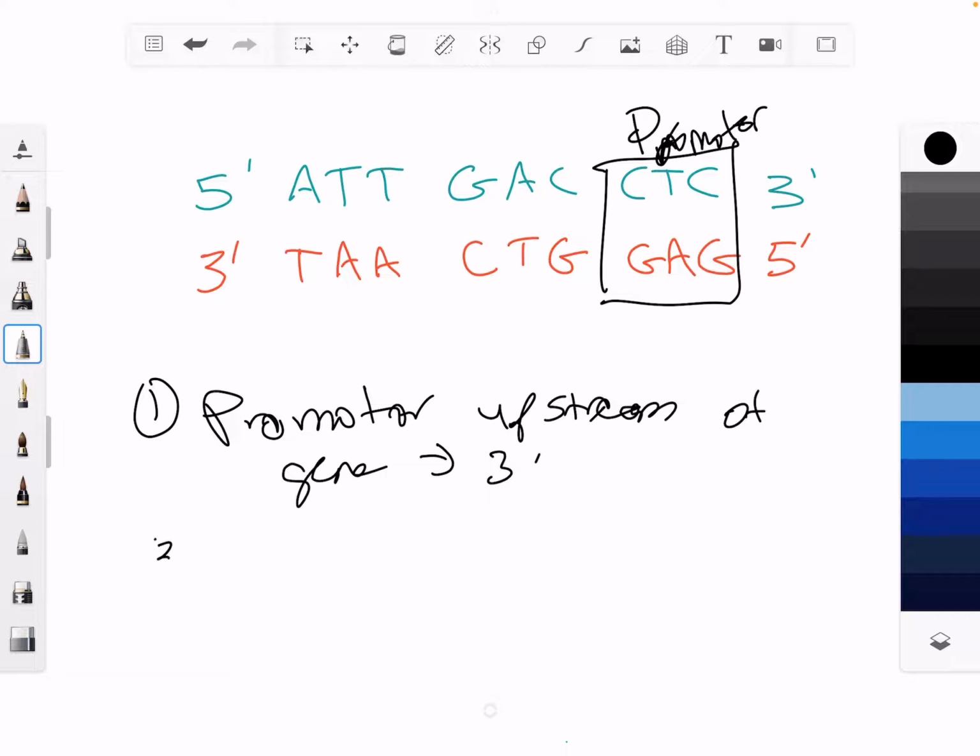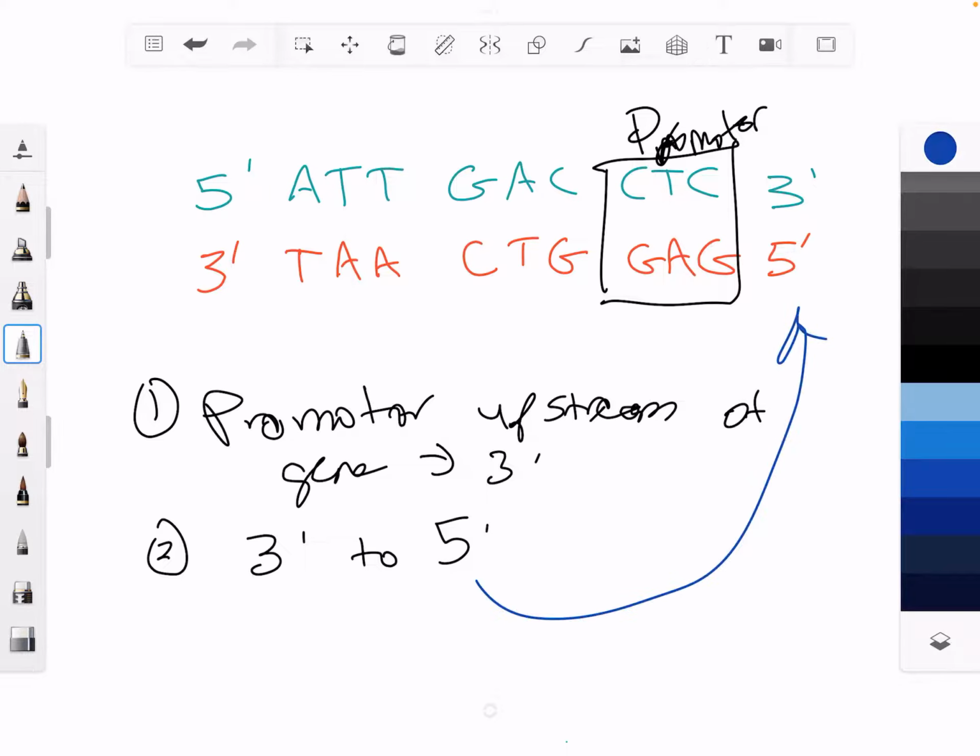And then we also know that our enzymes move or read 3' to 5'. So again, if we head up here to look, we're going to move towards the 3' end. So if this is our promoter, we are reading 3' to 5'.